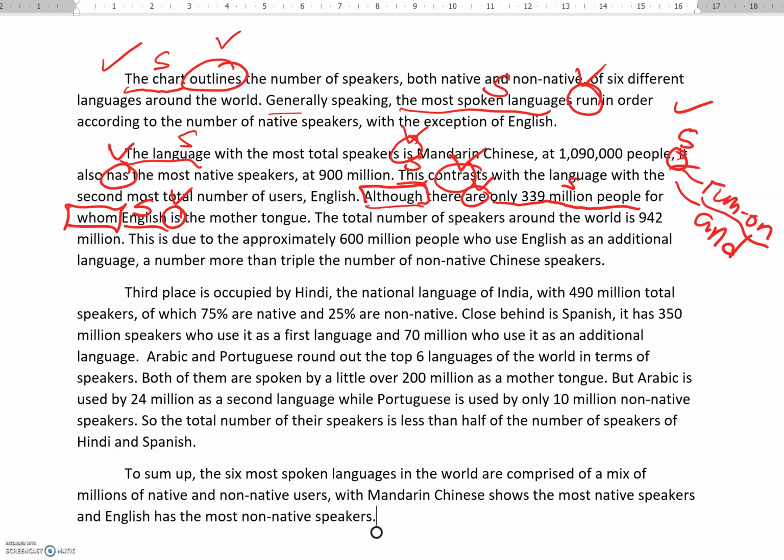In this case, just to let you know, it's called a fragment, a sentence fragment, this kind of mistake. It means it's a piece of a sentence, not a complete sentence. And in this case, the problem is that this idea in the sentence connects with the next sentence, right? Although there are only 339 million people for whom English is the mother tongue, I think if we put a comma now and a small t, the total number of speakers around the world is 942 million.